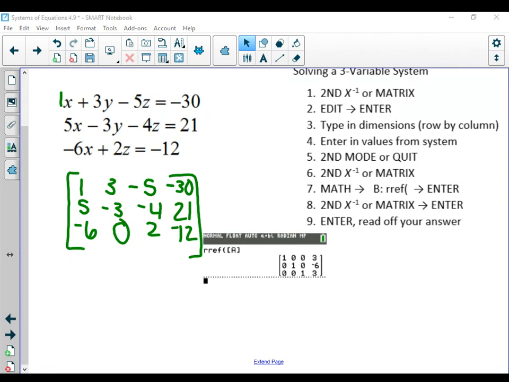Oh, come on. Okay, so notice how 1, 5, and negative 6 were the coefficients for what? Come on. Like how to just have logos. I think so.